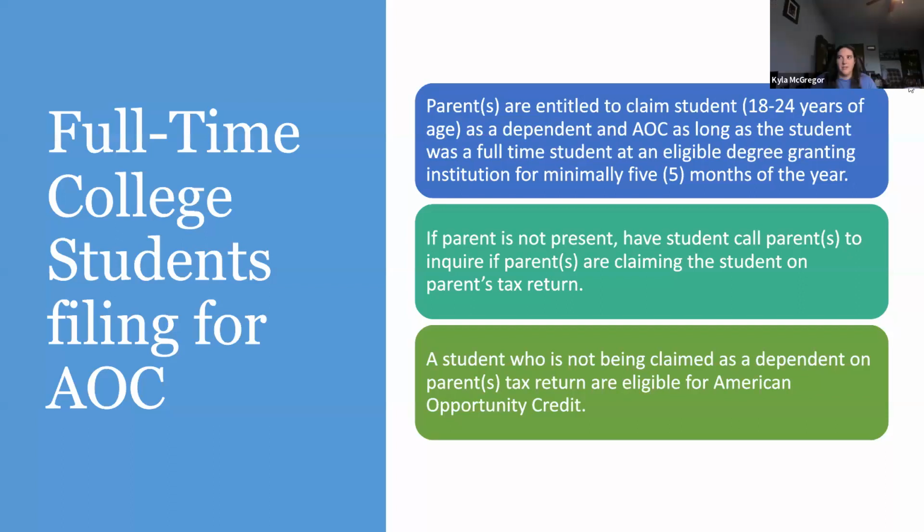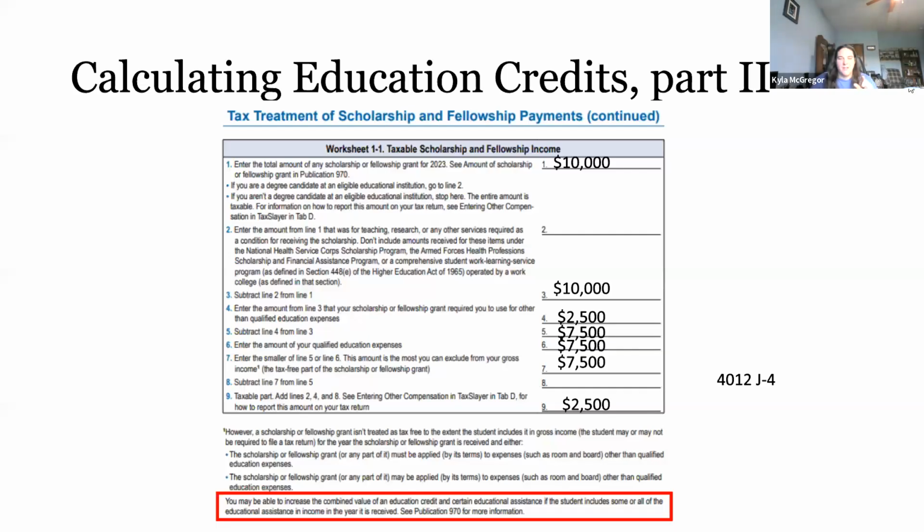If you go back a slide, Anna, at the very bottom in the little notes, it says we've been starting to do this a little more the last few years: you can't double dip, but you can take the education credit even if your scholarship is larger. If you increase the amount of the scholarship you're reporting as income, you can take a portion as a credit.